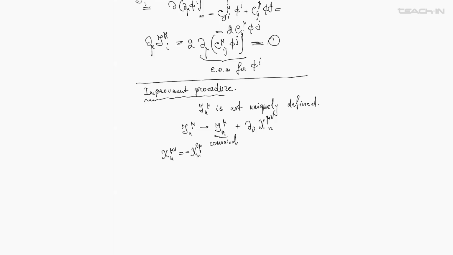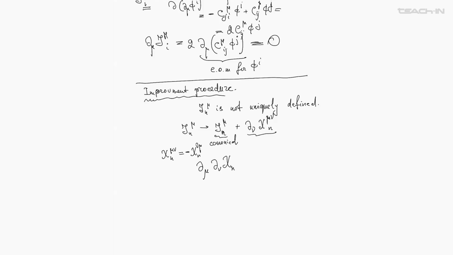Then you see that if you add such a term, you don't influence the conservation law, because if you now act with a derivative d mu and compute the divergence of this extra contribution, you will get this expression here.